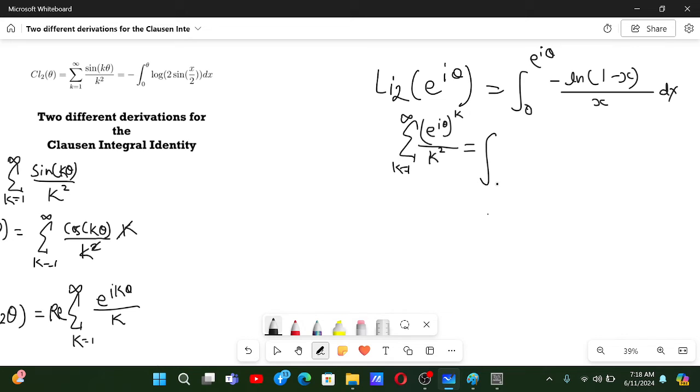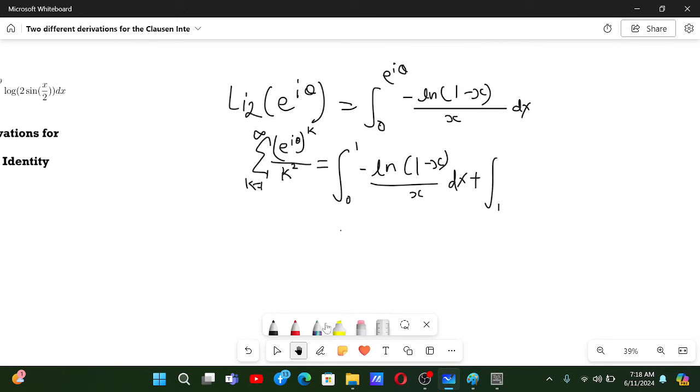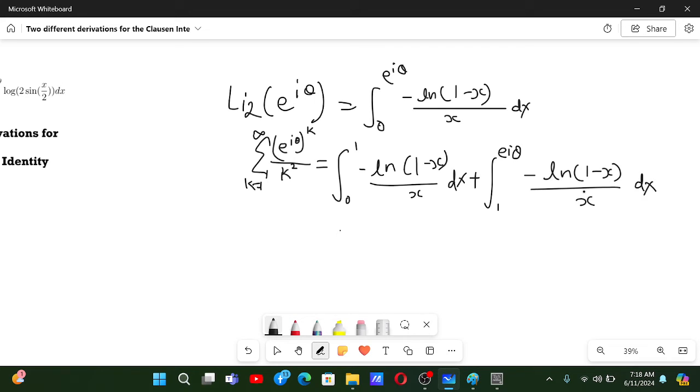Let me write it as integral from 0 to 1 of minus ln of 1 minus x by x dx plus integral from 1 to e to the power i theta of minus ln of 1 minus x by x dx. Okay, good. Now, if I take the imaginary part, I'll do it later on.